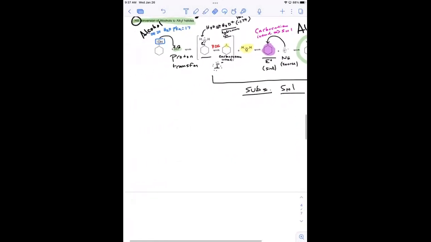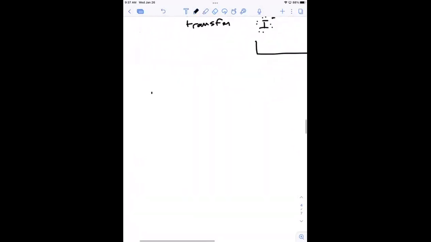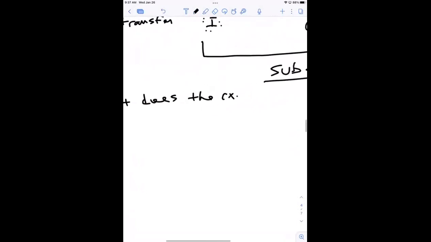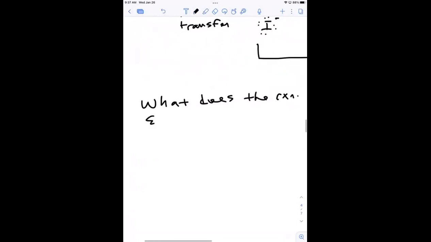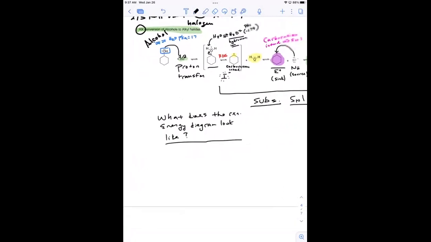If I ask you to draw the energy diagram, all right, what would that look like? What do we need to know in order to draw a reaction energy diagram?